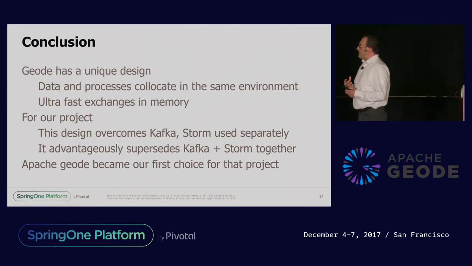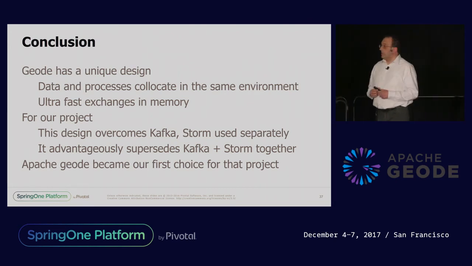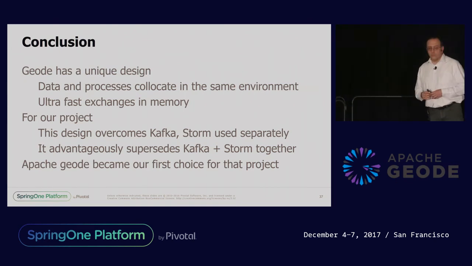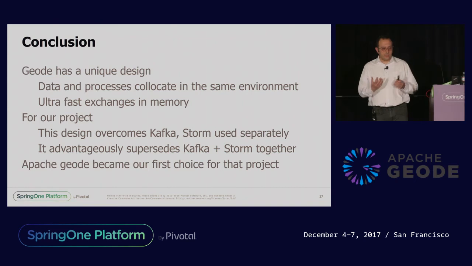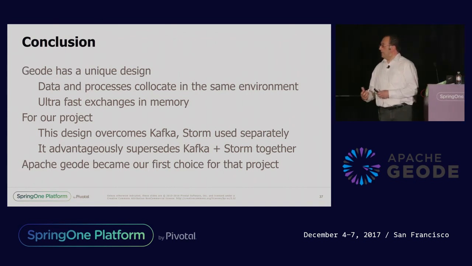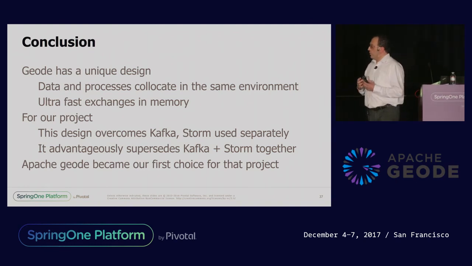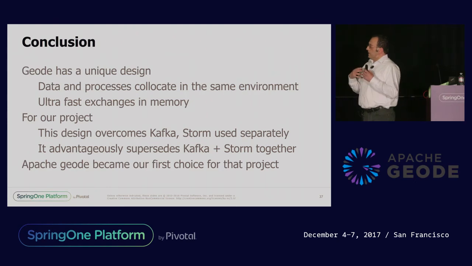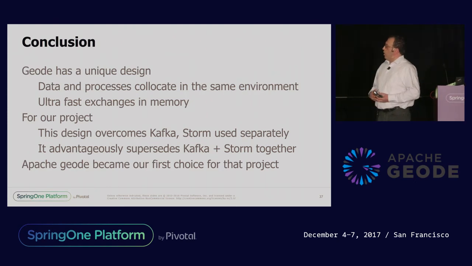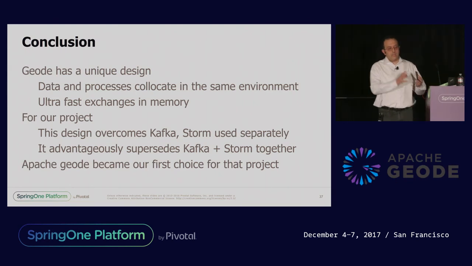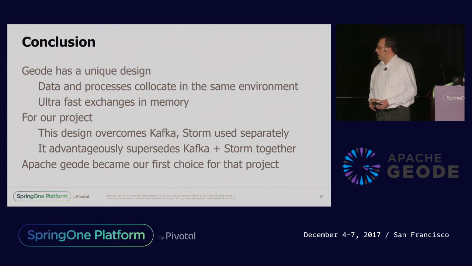So, as I explained, Geode has a unique design. Data and process are collocated in the same environment, and we have an ultra-fast exchange between the data and the process. In our project, with our background, we evaluated that Geode overcomes Kafka taken separately and Storm separately, alone.